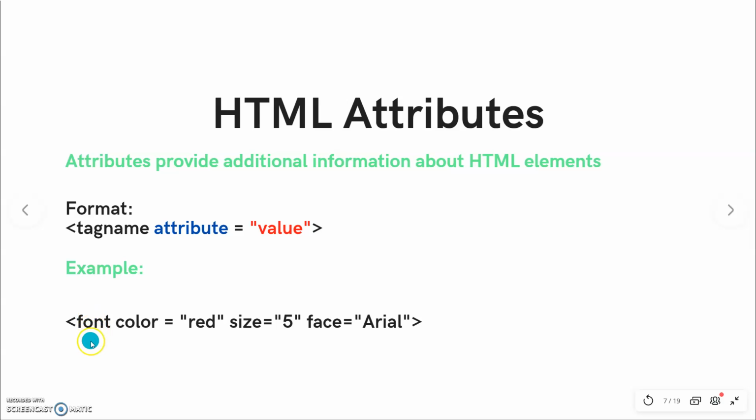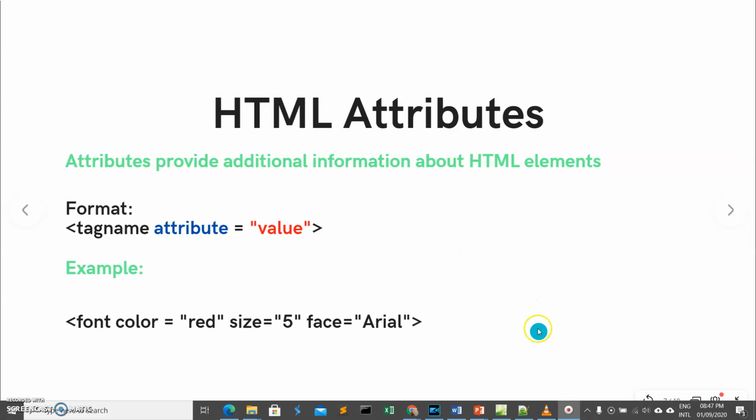I have the font tag, and then this is an attribute, color, and the value is red. If you have more than one attribute that you want to use, you have to put a space in between. So space, size is equal to the value, space again, face is equal to Arial.